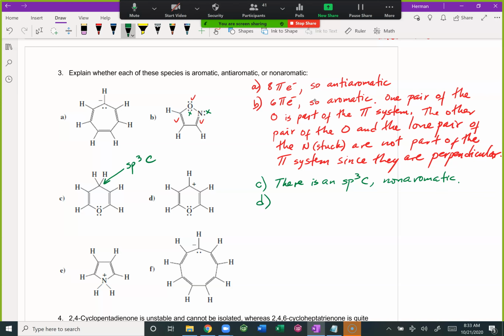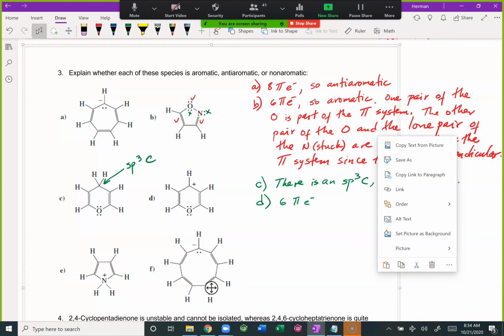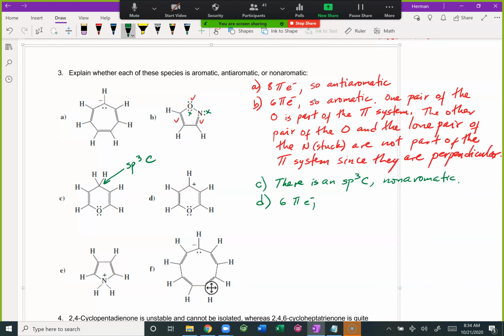How many total pi electrons do you read? 3 pairs. Excellent. So there are 6 pi electrons. So it's aromatic, right?